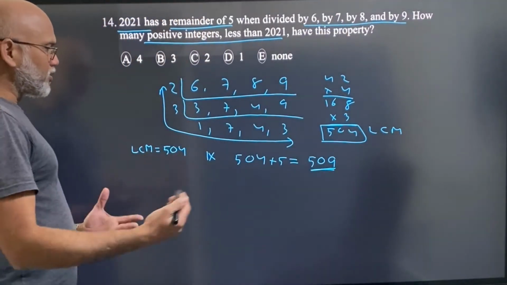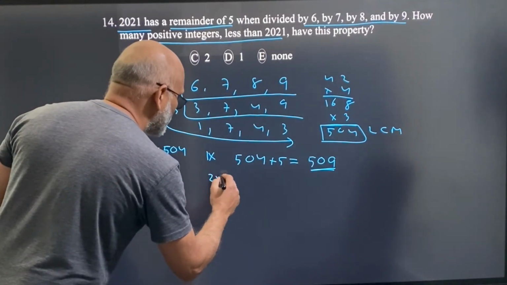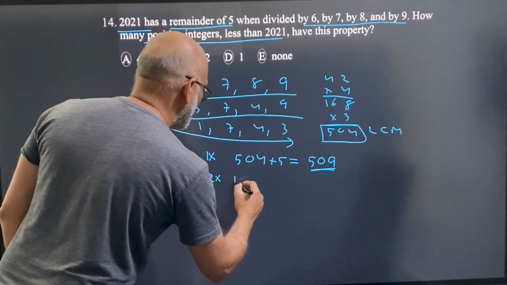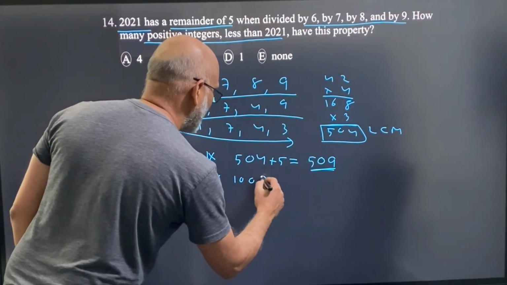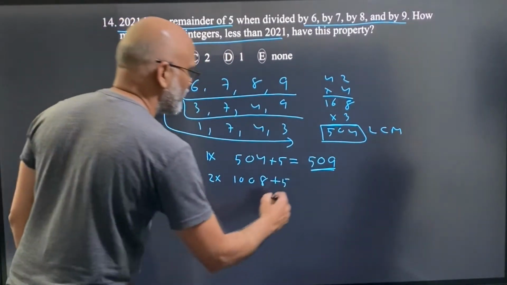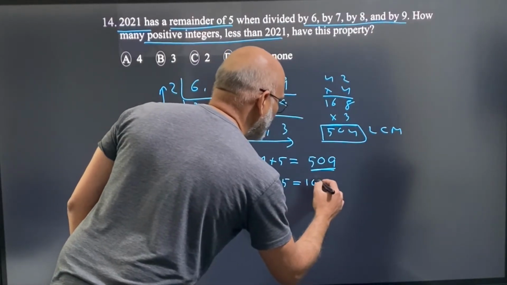All right. Next I can take the second multiple of the LCM. So 2 times 504 is going to be 1008, and then I add 5 because I need a remainder of 5. So this is going to be 1013, right?